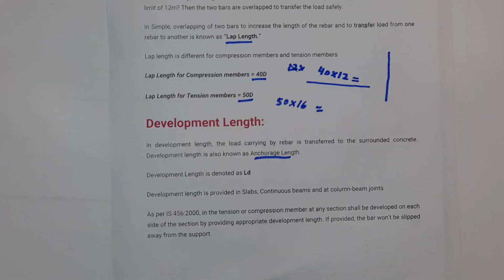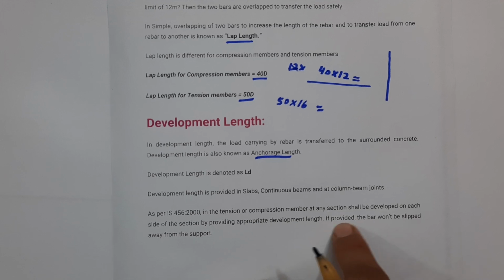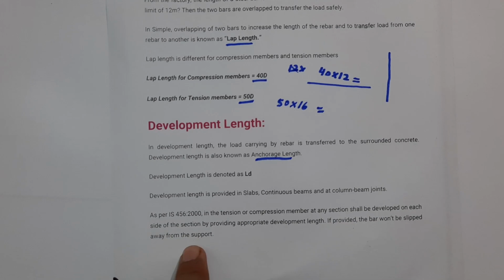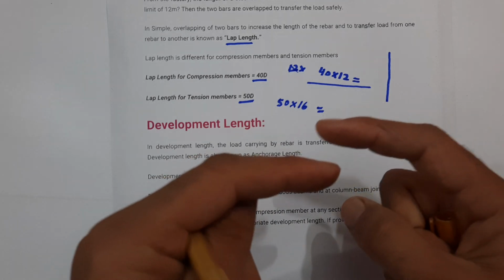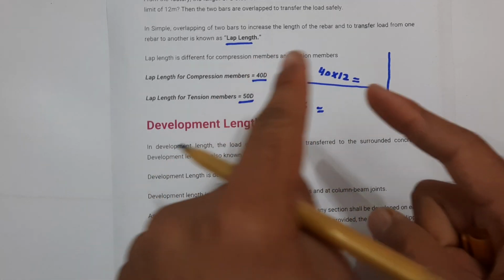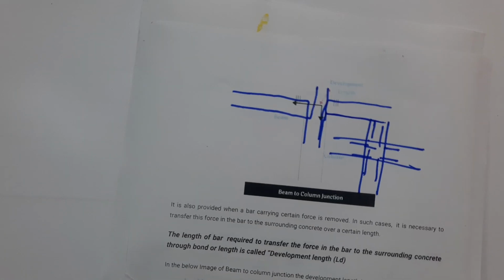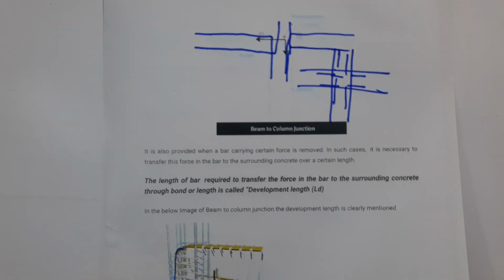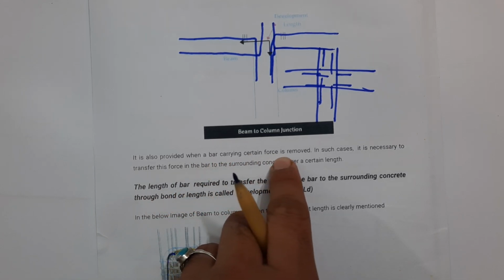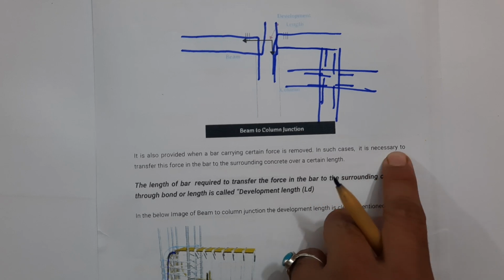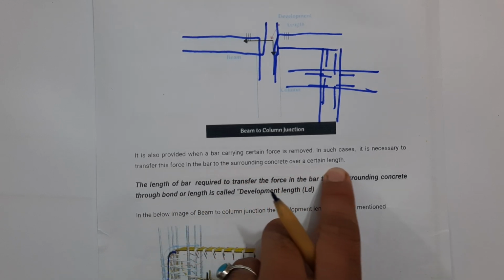So this is development length, so it can't be slipped from the support. As I discussed, if we provide it, the bar won't be slipped away from the support, because the development length makes a good bond between steel and concrete, especially in beam, slab, and also in column. It is also provided when the bar carrying a certain force is removed. In such cases, it is necessary to transfer the force in the bar to the surrounding concrete over a certain length.